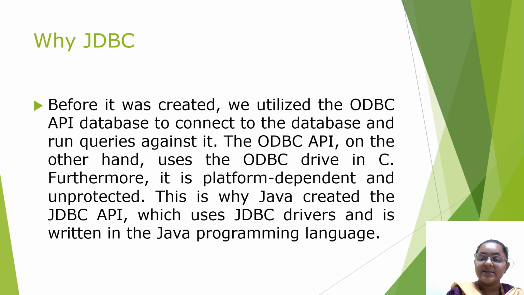The ODBC API, on the other hand, uses the ODBC driver in C. Furthermore, it is platform dependent and unprotected. This is why we created the JDBC API, which uses JDBC drivers and is written in the Java programming language.